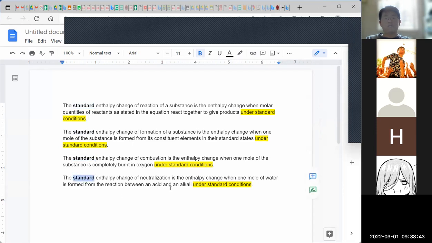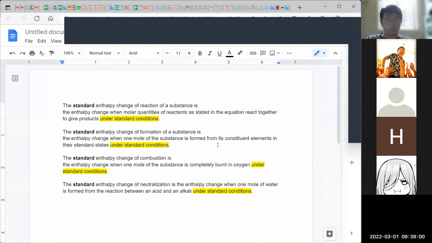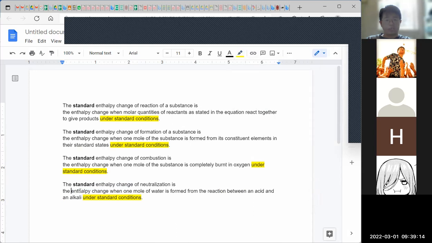So you will find this one is a definition. I would like to change it a little bit such that you can keep track of what it is. It is the enthalpy change, of course, under standard conditions.